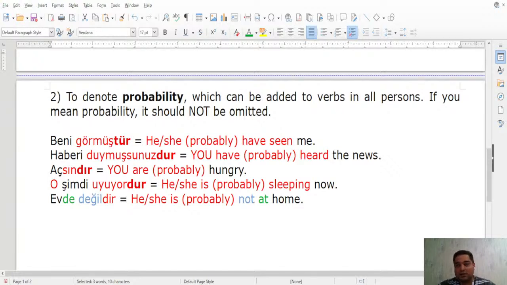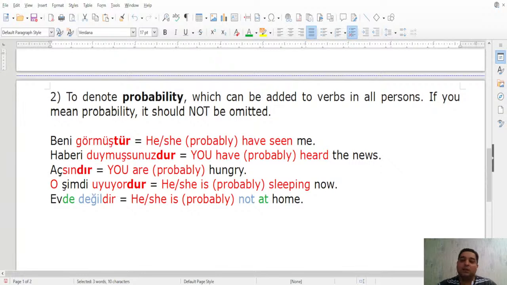Enişte means the husband of your, for example, aunt. It might be from the father's side or the mother's side. So because you already know that they are your cousins, it's not probability, right?